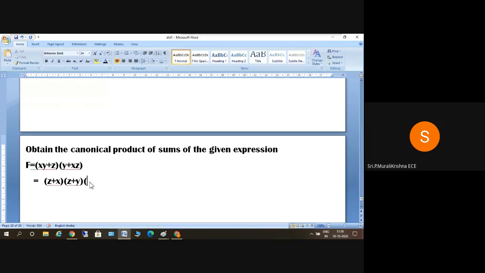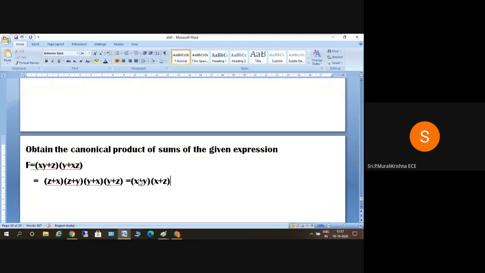So x plus yz is equal to x plus y into y plus x into y plus z. Okay, so this is the term available here. So I can rewrite like this here. So x plus y, and the second term is x plus z, y plus.